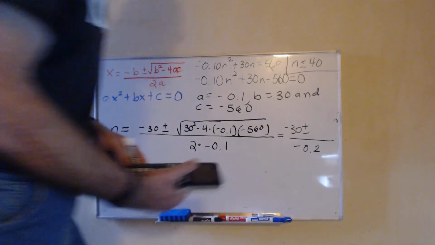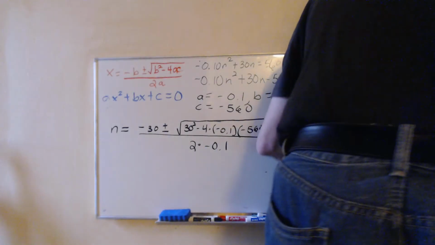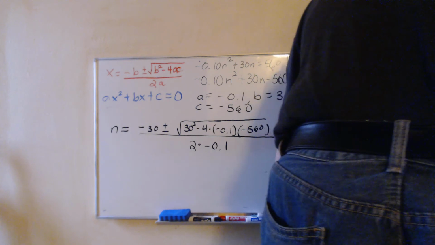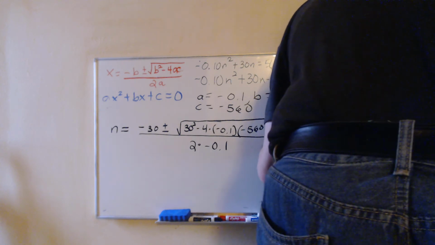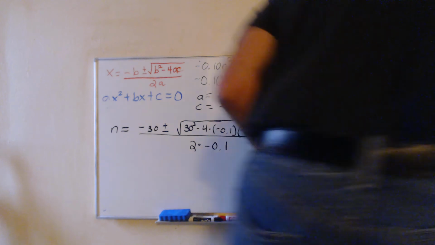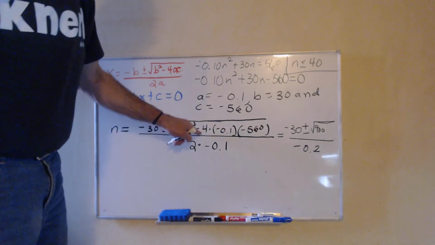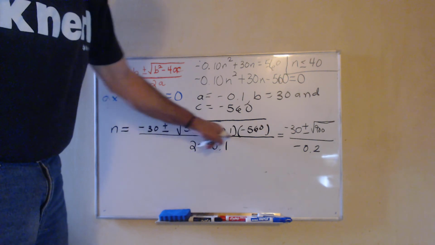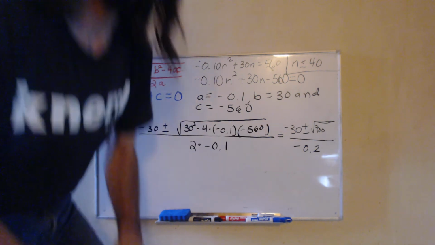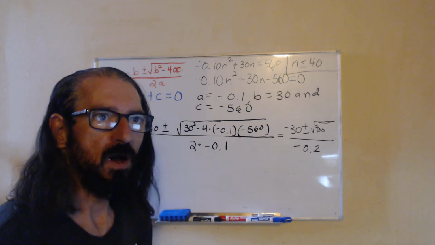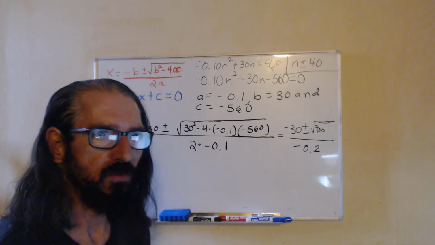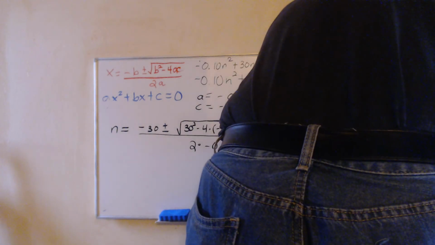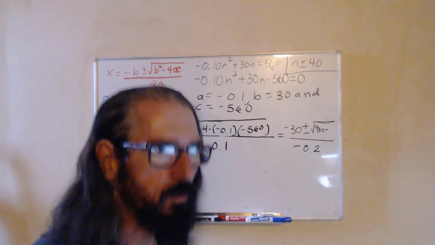30 squared is 900. Thinking of that minus as a negative, I'm counting up how many negatives. I've got 3. When I multiply an odd number of negatives together, it's still going to be negative, which tells me that after I do the multiplication, I'm doing the multiplication without worrying about the signs.